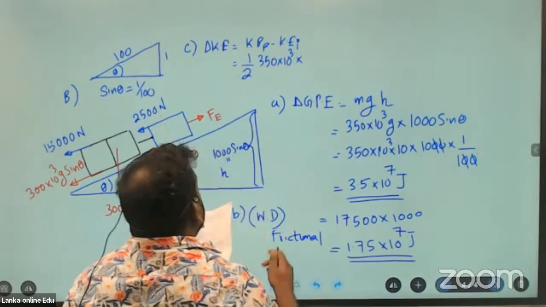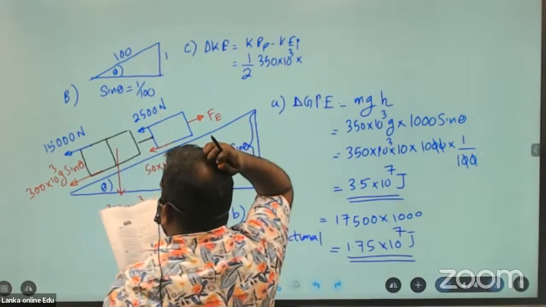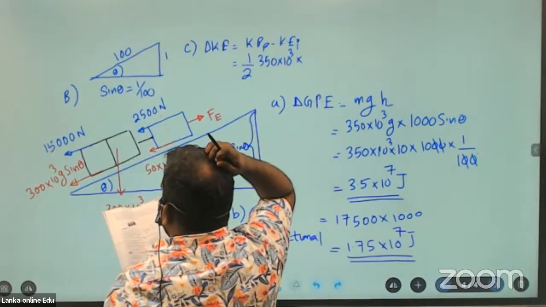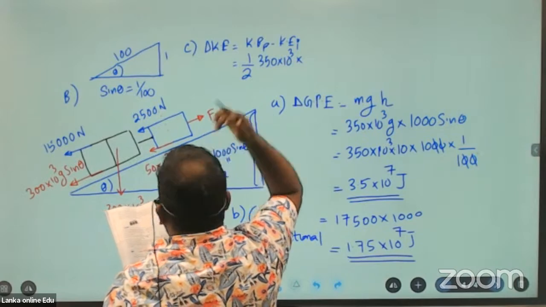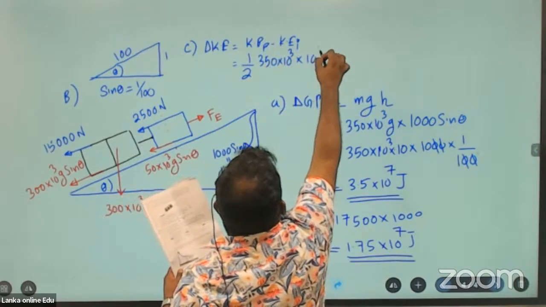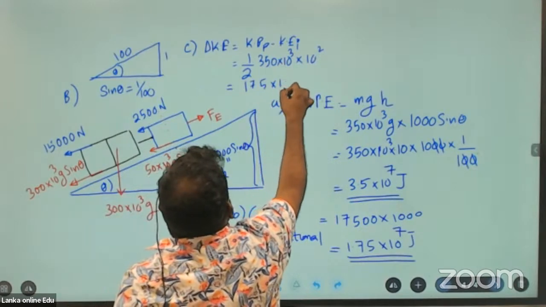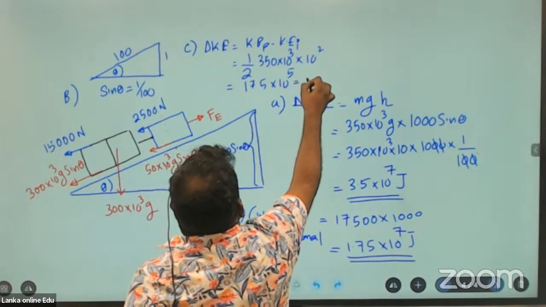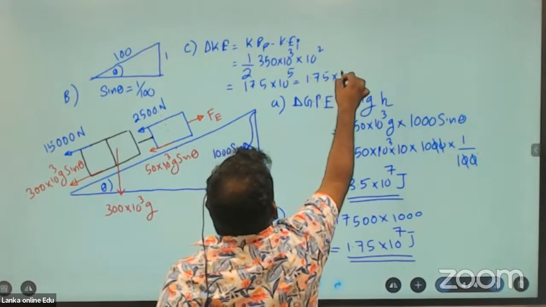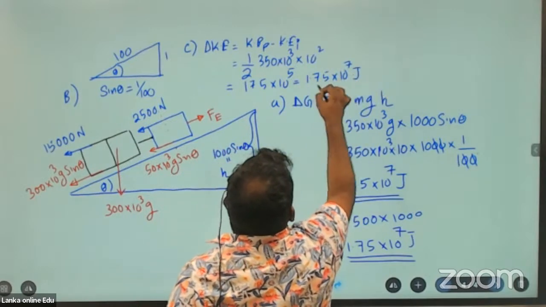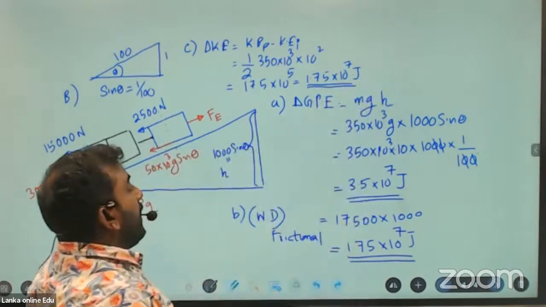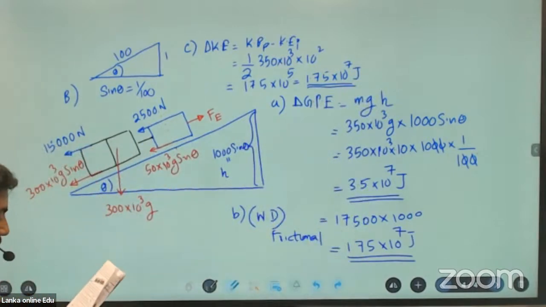Velocity is 10, starting from rest, so assume the initial is zero. That gives 1.75 × 10^7 joules. Okay.